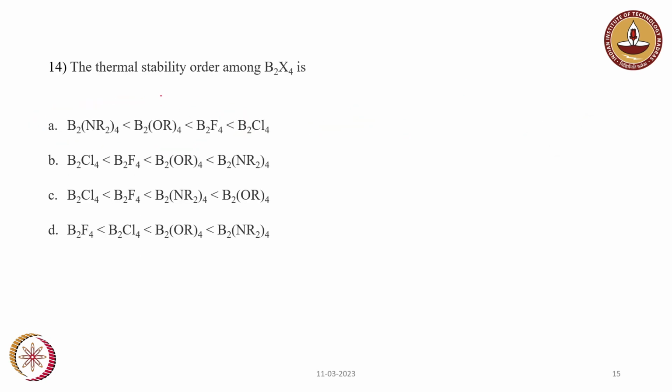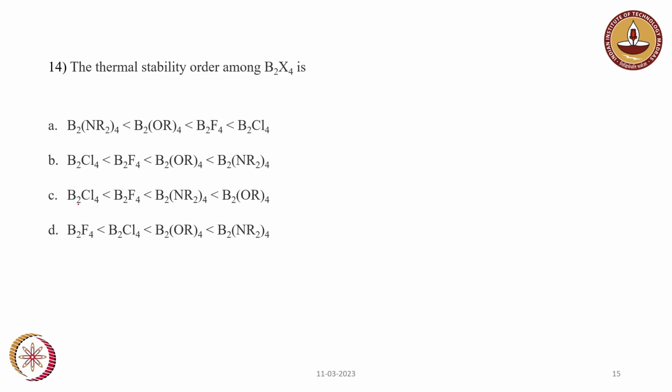Next question is, the thermal stability order among B2X4 is. Option A is B2(NR2)4 less than B2(OR)4 less than B2F4 less than B2Cl4. Option B is B2Cl4 less than B2F4 less than B2(OR)4 less than B2(NR2)4.